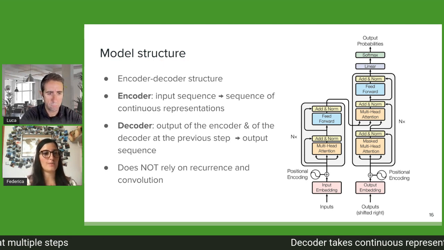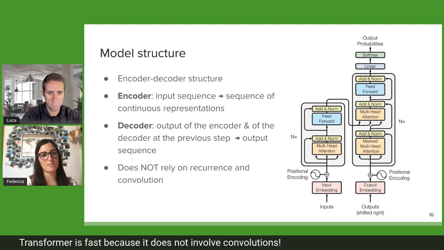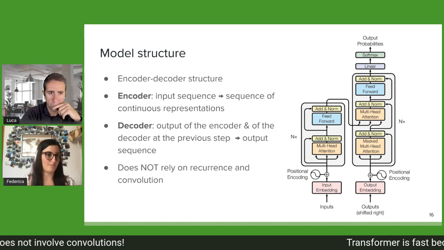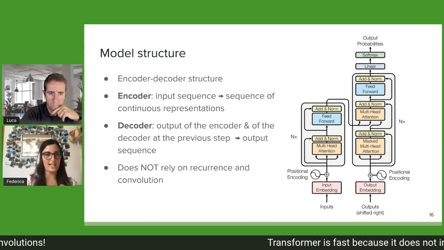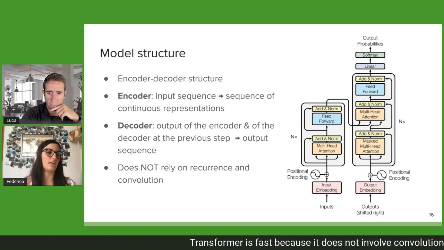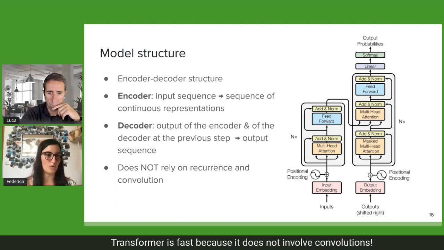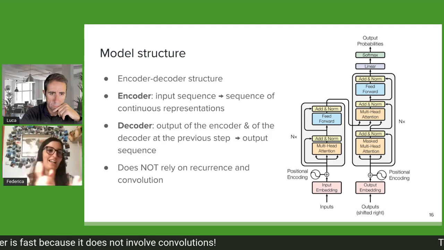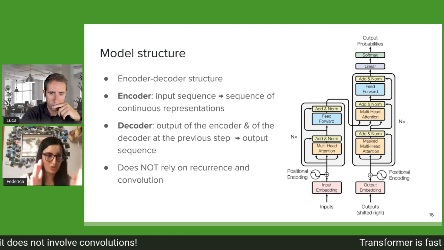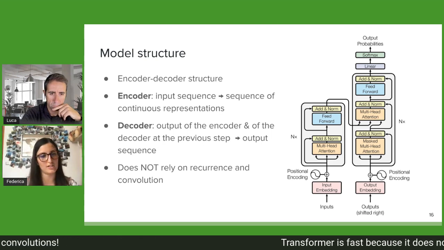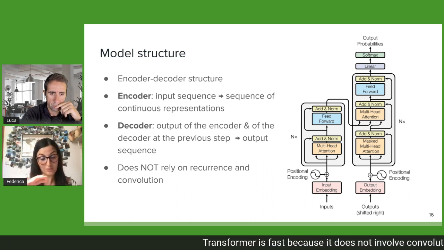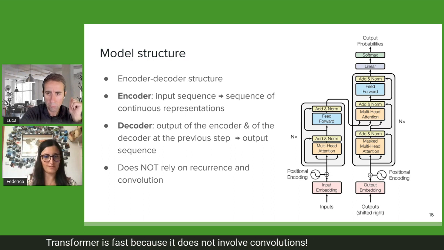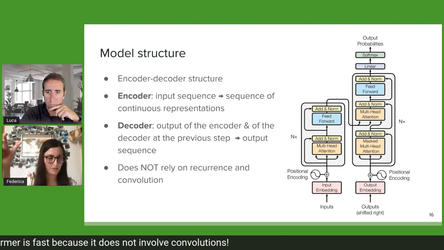So while RNNs and LSTMs required an incremental amount of time to process more data, transformers can do that in almost no time. Obviously it takes a little bit more than a single word or a simple sentence, but there's not this incremental time.